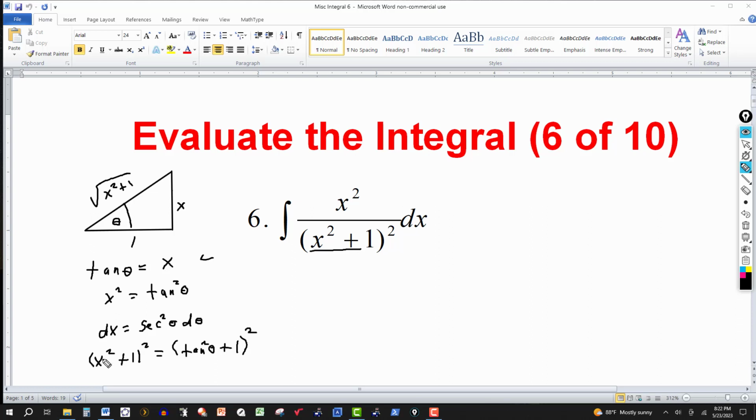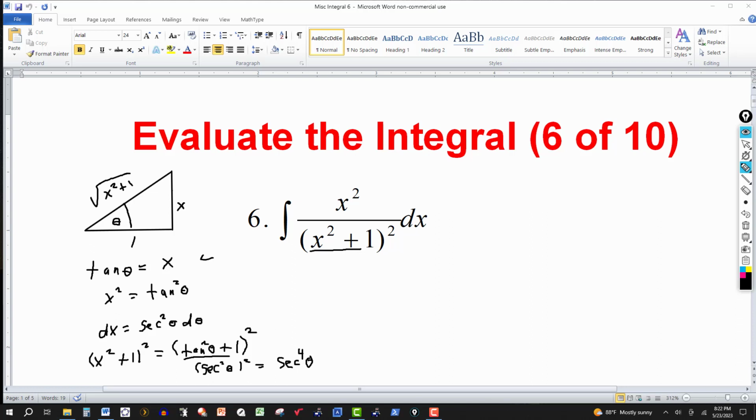But tangent squared theta plus 1, that's one of your basic trig identities. That's secant squared theta. But that's squared, so that gives me secant to the 4th theta.